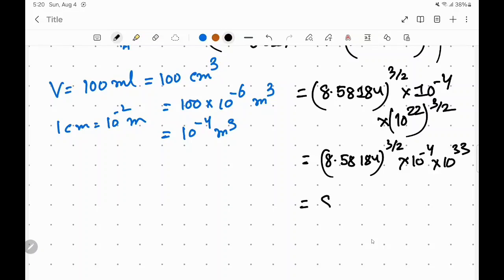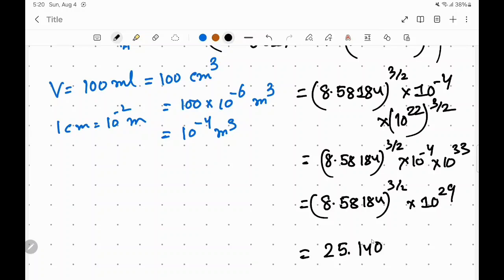So if you do it, it is 8.58184 into 3 by 2 into 10 to the power 29. So it is 8.58184 to the power 3 by 2. So it is 25.140 into 10 to the power 29.